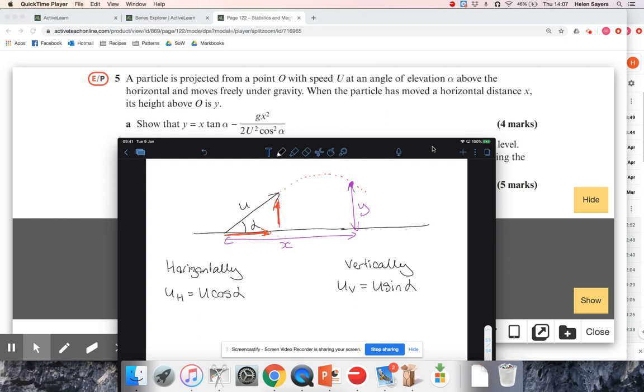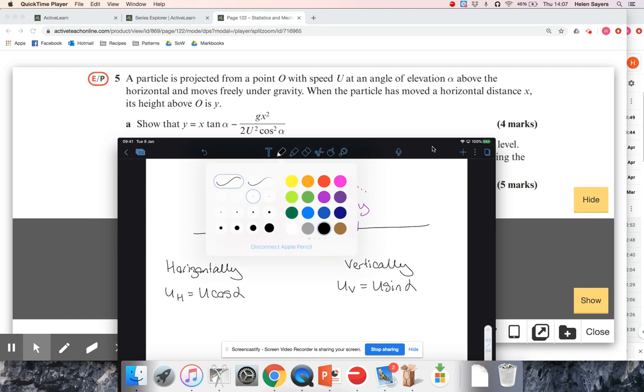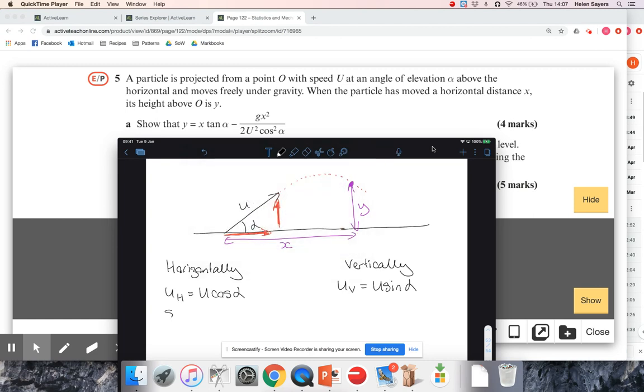Horizontally, they've told us that its horizontal displacement we're calling x. And always with this type of question, t is what you're interested in, because t is what links the horizontal and the vertical motion.